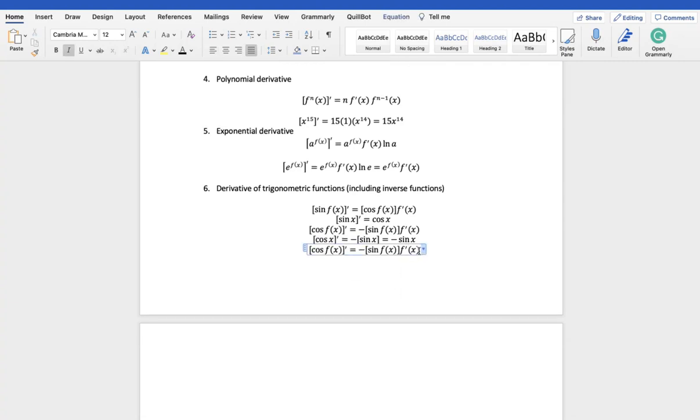So now let's look at the derivative of tan of f of x.